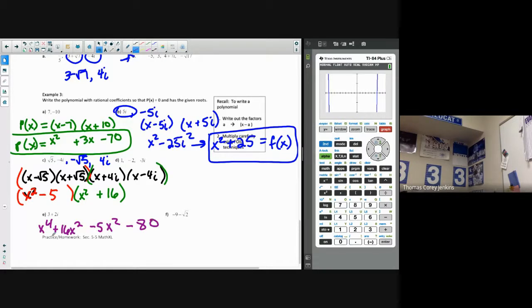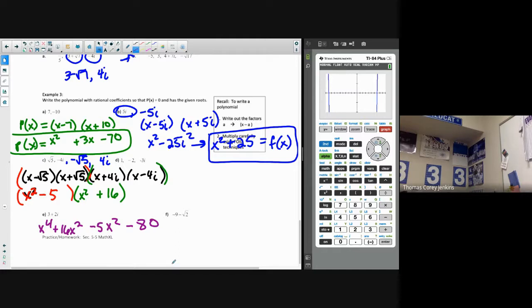Okay, we have two like terms in the middle. So our final answer there is going to be x to the 4th plus 11x squared minus 80. You could just say p of x, or call it something generic, equals x to the 4th plus 11x squared minus 80.